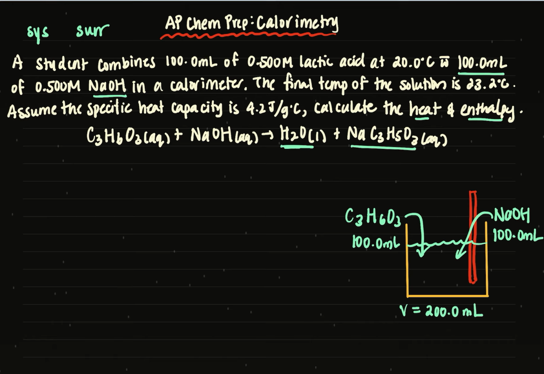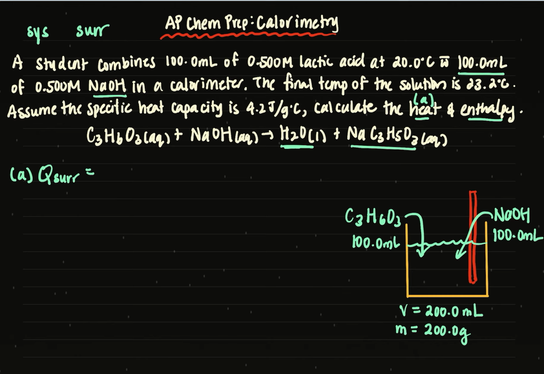Because we've created water and this is a surrounding, I can also say that this has a mass value of 200.0 grams, because we know that 1 gram of water equals 1 milliliter of water. That is important because it will help me do this first question to calculate the heat. Let's call that part A. Heat has the variable Q. To be more specific, I'll call this Q of surrounding, the heat transfer into the water.